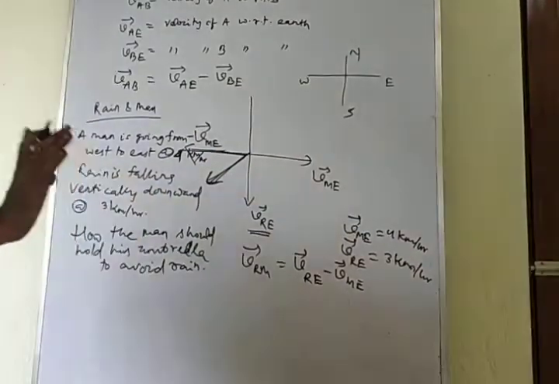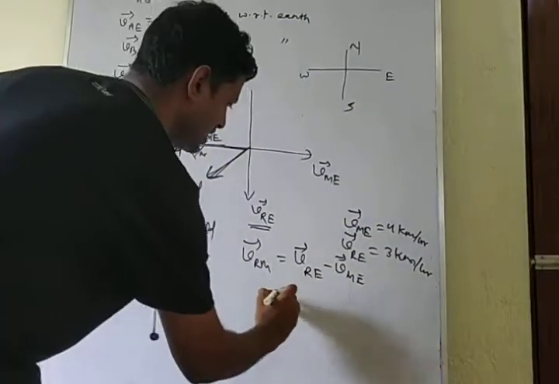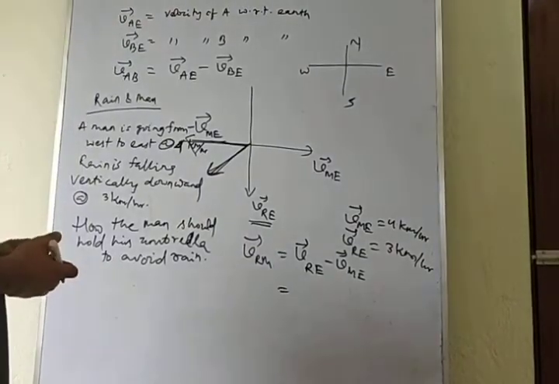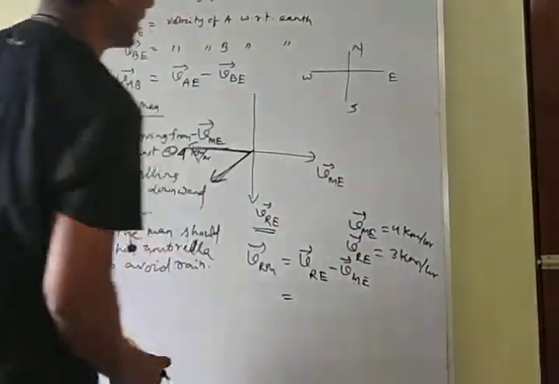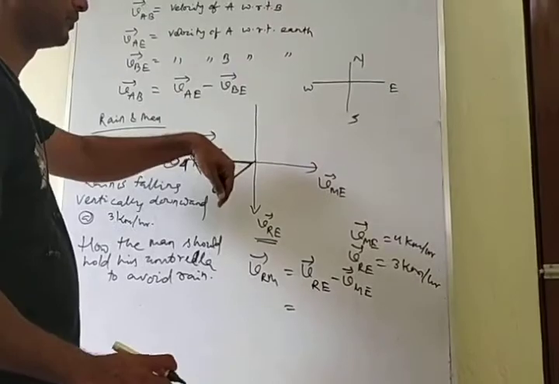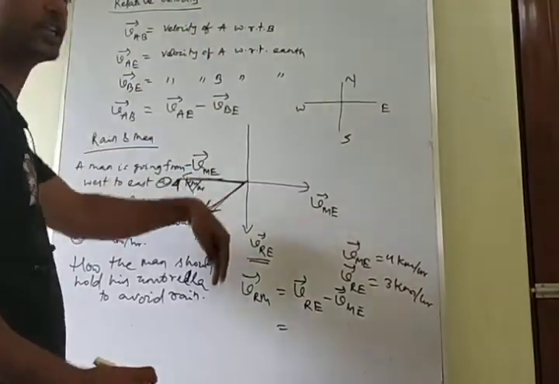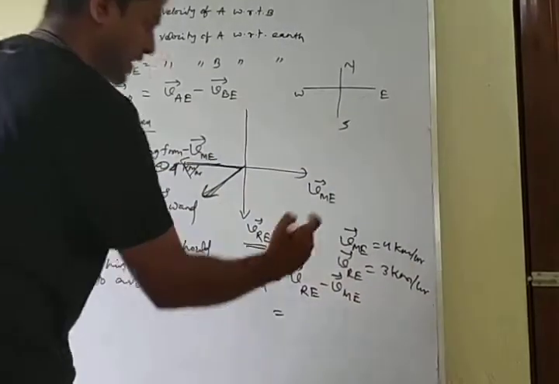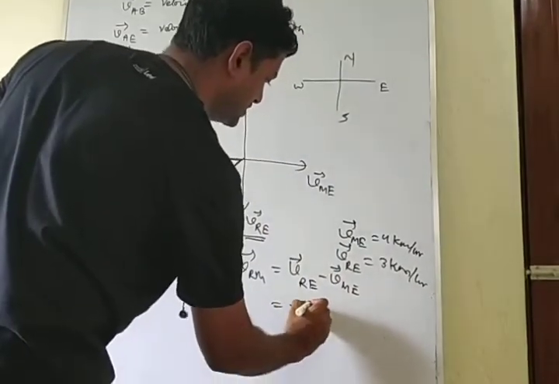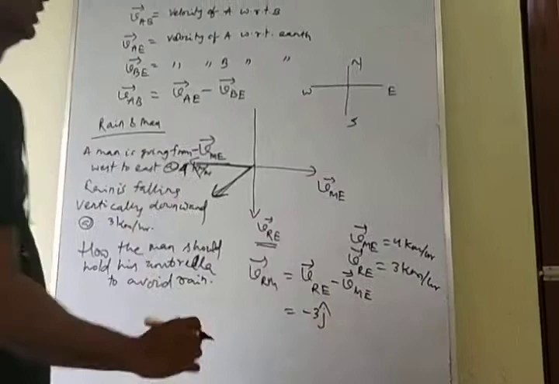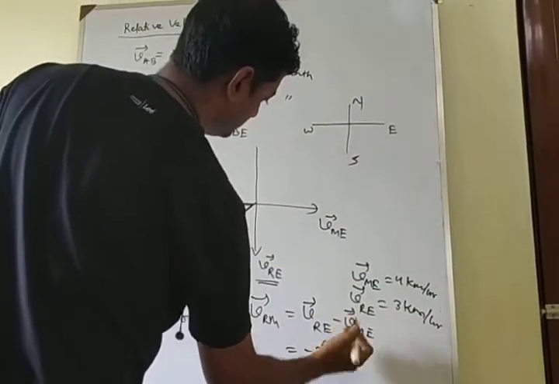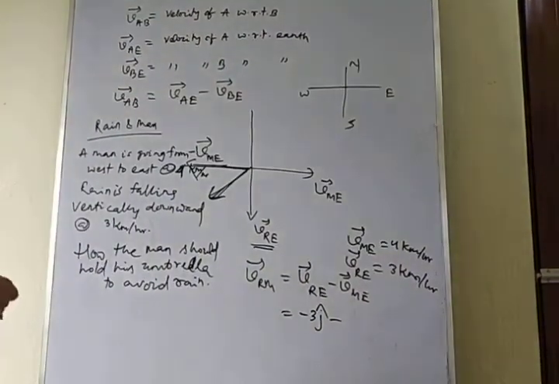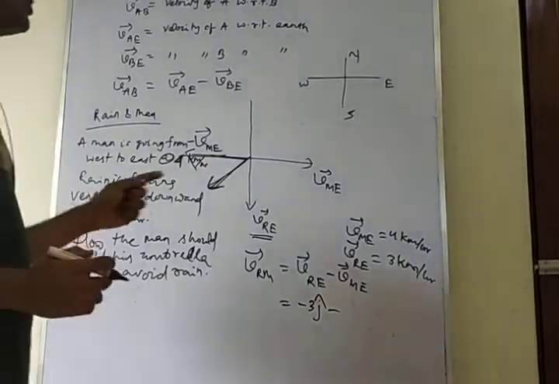Or if I use i cap and j cap, for velocity of rain with respect to earth, I can write 3 km per hour and rain is falling vertically downward. Let's say the vertical axis is taken as j cap, but along the vertical axis downward means minus j cap. So minus 3 j cap. Now, what is the velocity of man with respect to earth?